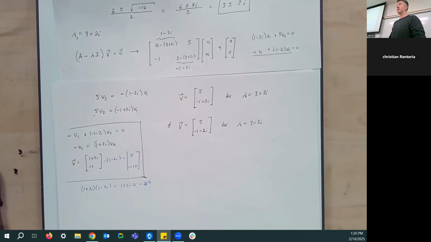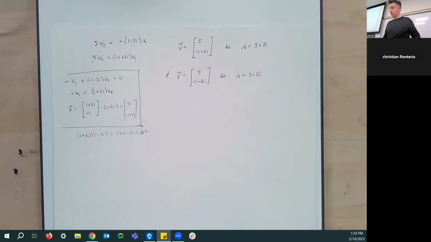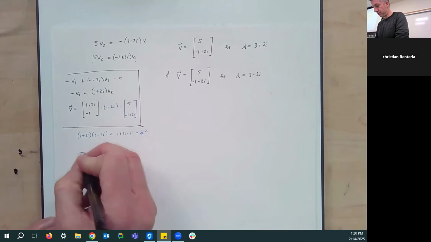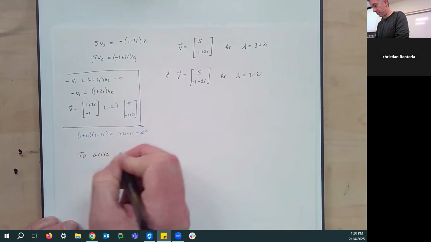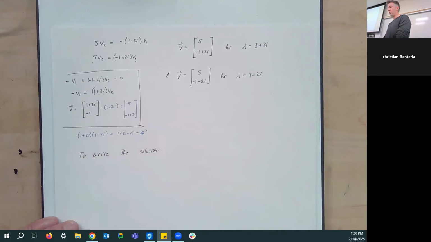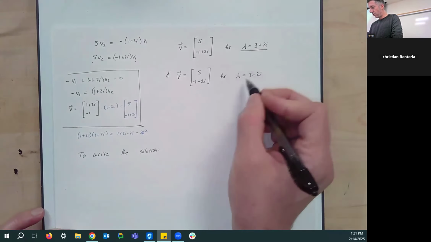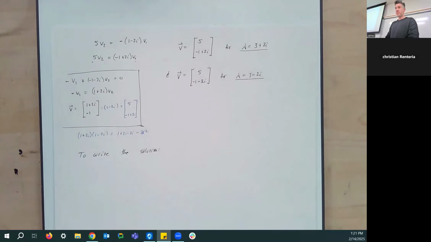Okay, so that's the easy part. Now here's the fun part. To write the solution, one thing I want to point out is that whether you're using this eigenvalue or this eigenvalue, the real part's the same.